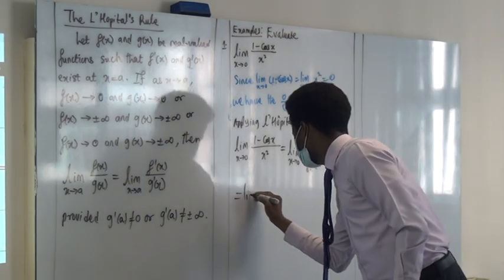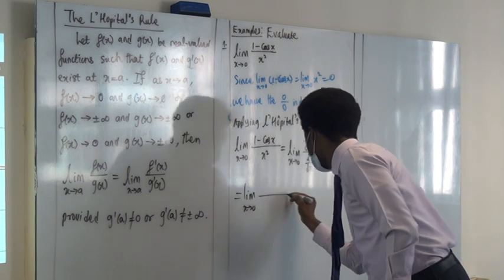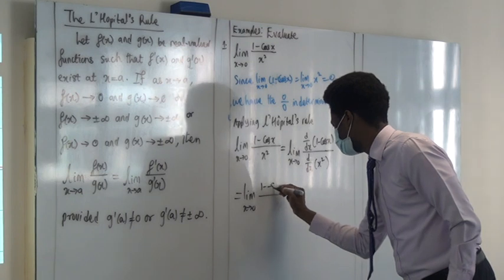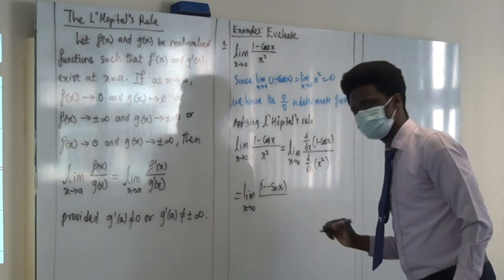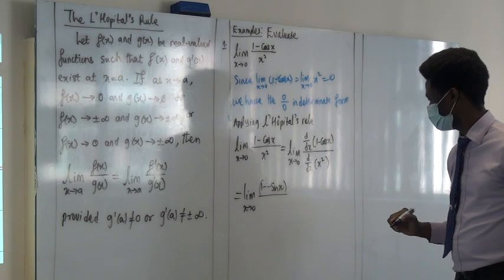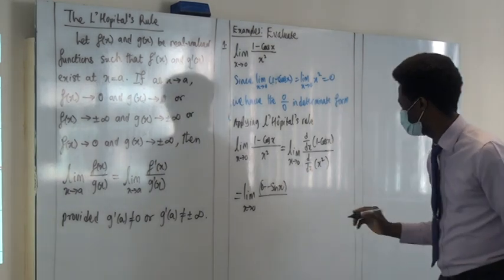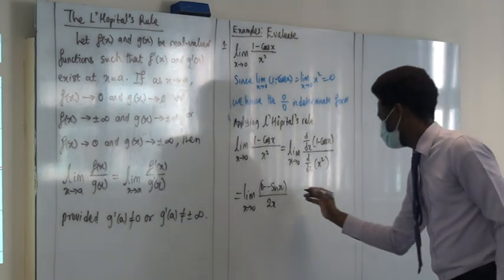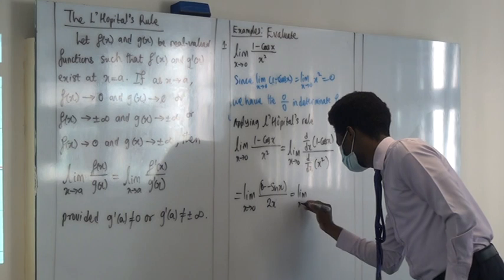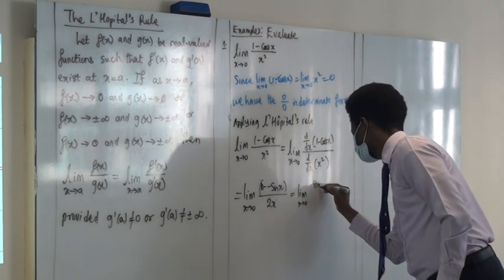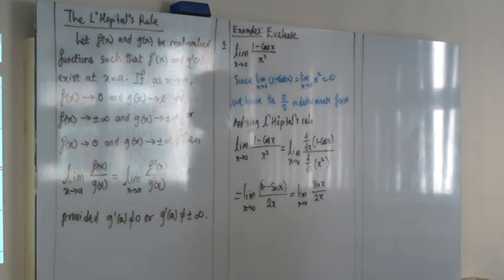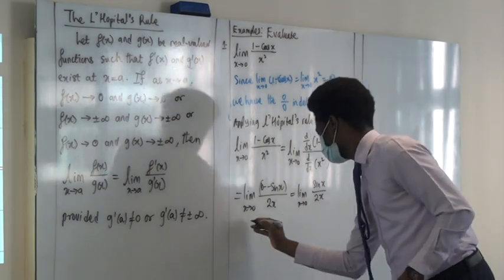So I have the limit as x tends to 0 of the derivative of this, which is 0, and the derivative of that is minus, so that's minus sine x. Agree? Then I have sine x divided by 2x. Do you see something? 2 is a constant, yes?